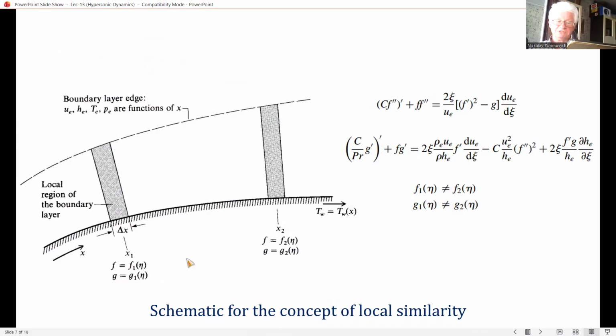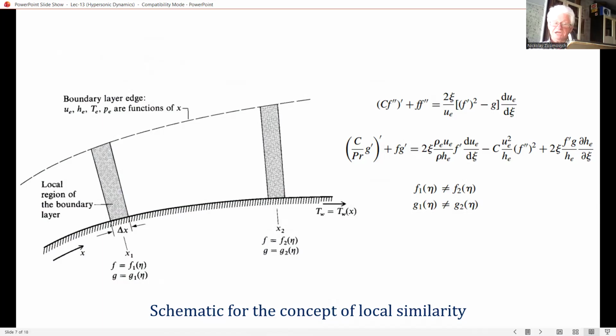Take the thickness of this slice, delta x, to be small enough such that the variation of T_w and u_e and a_e, b_e, etc. over the delta x is small, and then assume that T, u, h, etc. are equal to the local values, namely at x1.